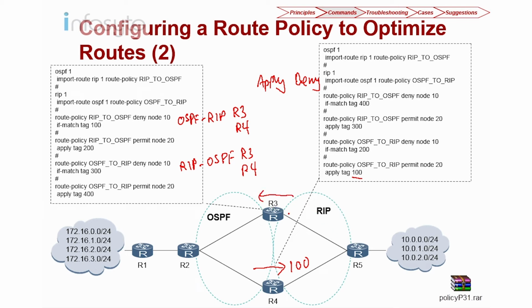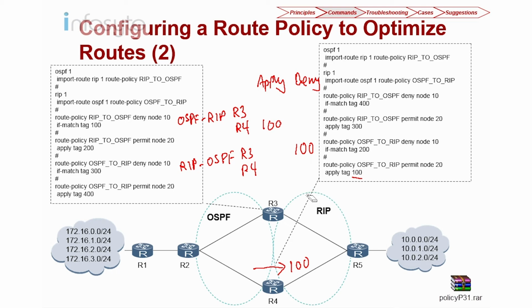Now when R3 detects that this is 100, so I have a 100 that was applied in R4 just now, when I do the importing from OSPF to RIP on R4. So what R3 needs to do is to deny 100 from going back into OSPF. Clear? So that will be a tag of 100.